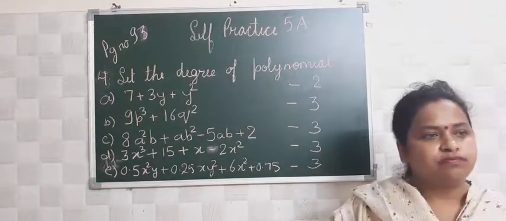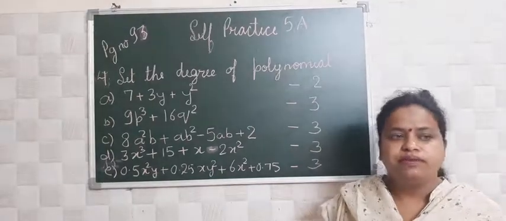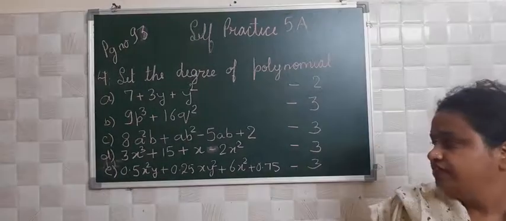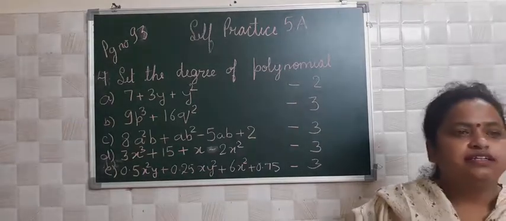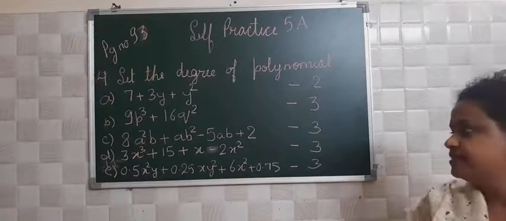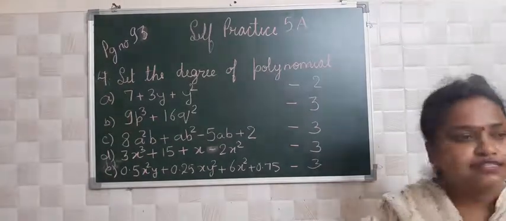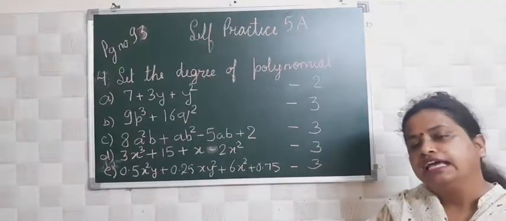Now see the fourth part, 3x cube plus 5 plus x minus 2x square. Here the highest degree is 3, as you see x has power 3. The degree of this equation will be 3.